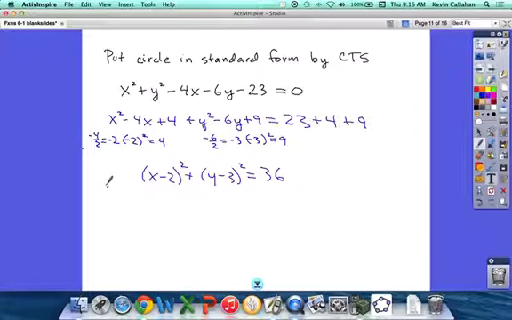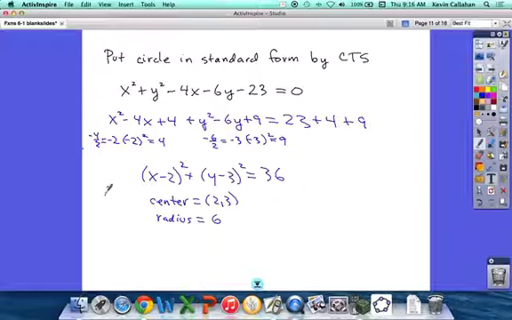So I just put that circle into standard form by completing the square twice. What is the center of the circle? 2, 3. So the center is 2, 3, and what is the radius? The radius is 6.